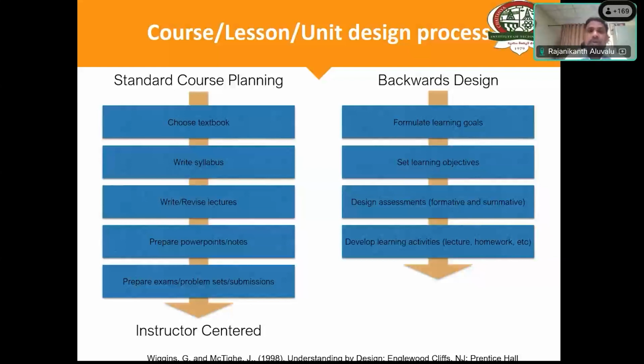Clearing the course doesn't mean learning, but clearing a course with an assessment that clearly maps to the outcomes ensures the learning of that particular content. That's why backwards design is an important scientific approach for designing a course. So from now, whenever you go for designing a course, please start practicing this model.